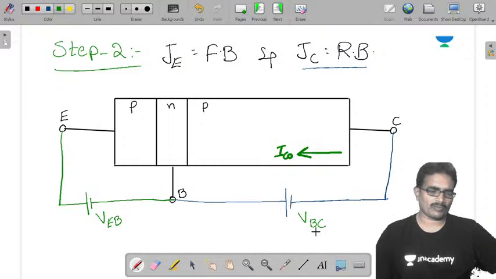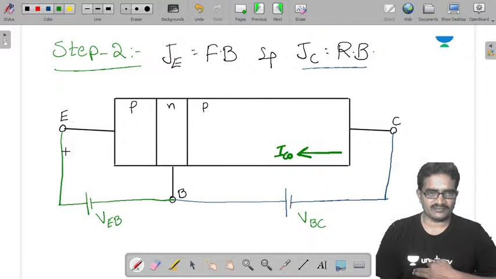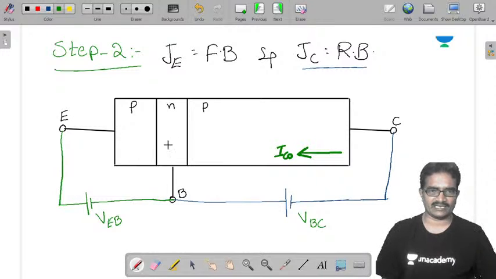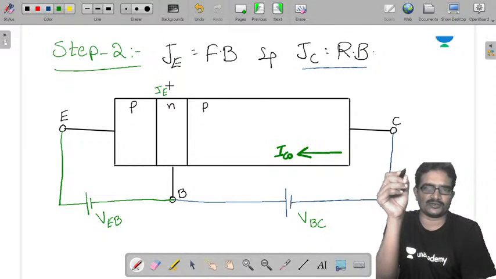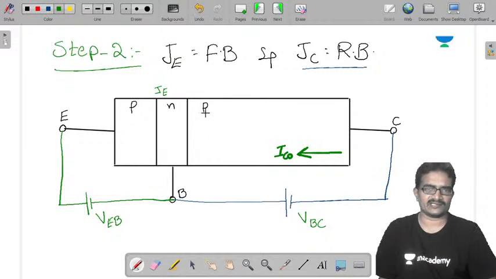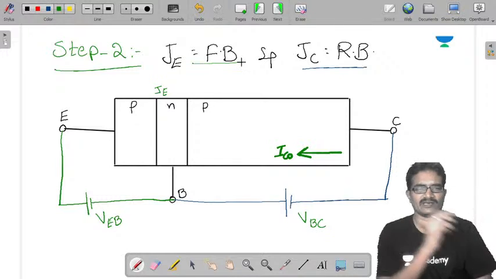P is emitter, it is connected to the positive terminal, N connected to the negative terminal of the battery. That means your emitter junction is under forward bias. That's what we need here. Emitter junction should be operated in forward bias.